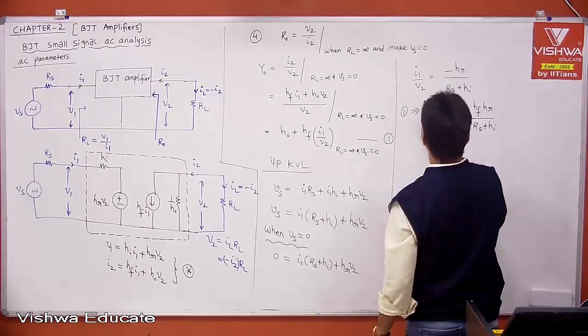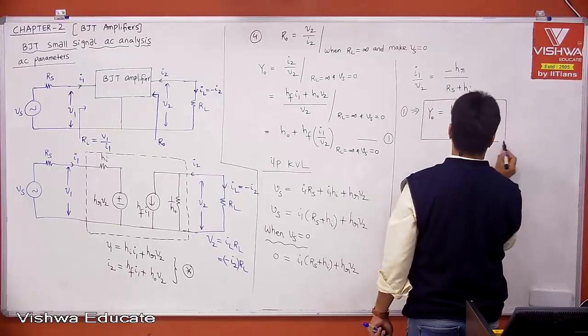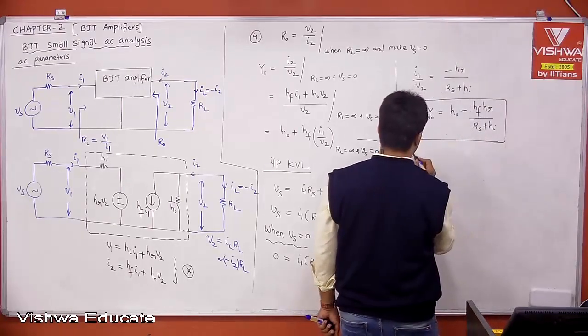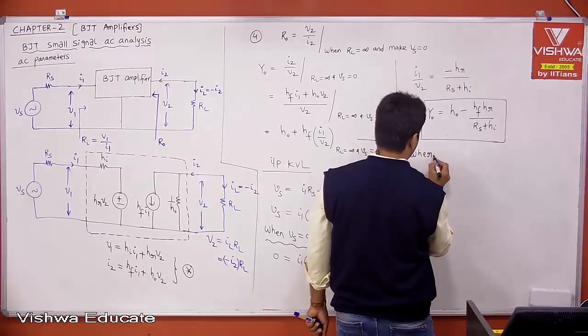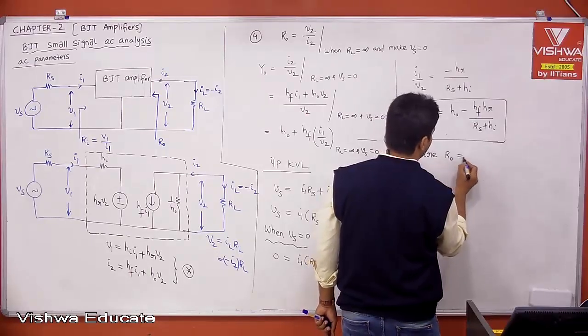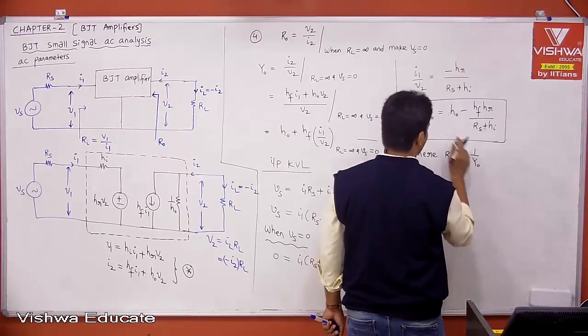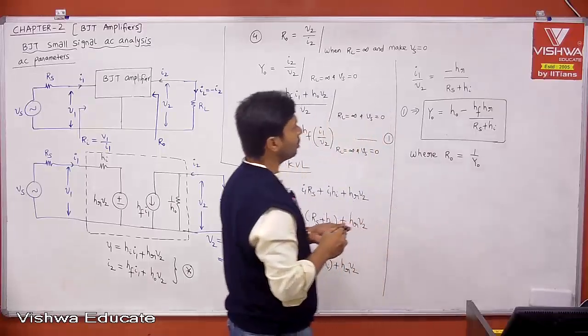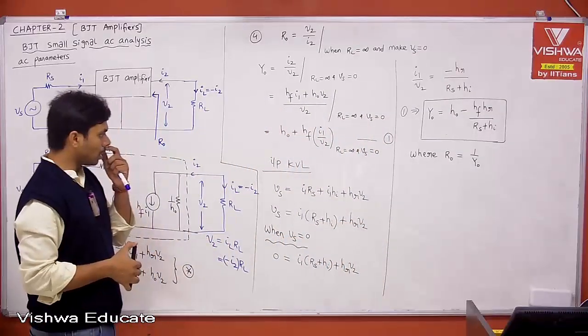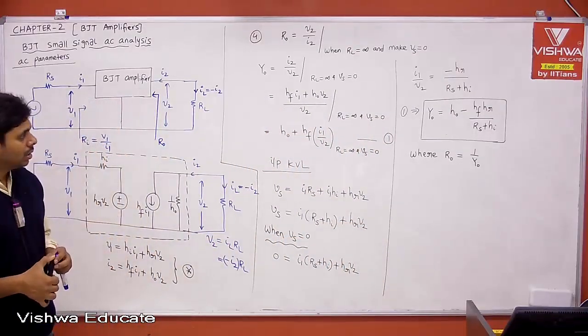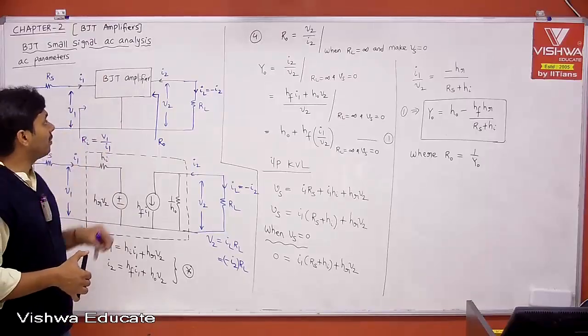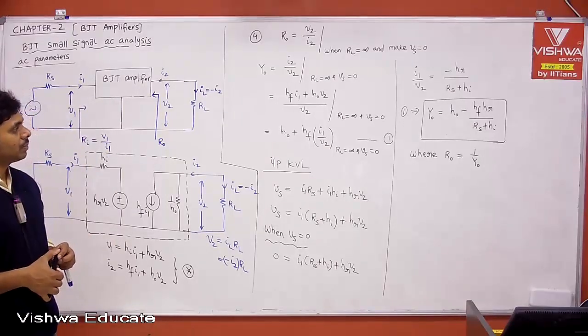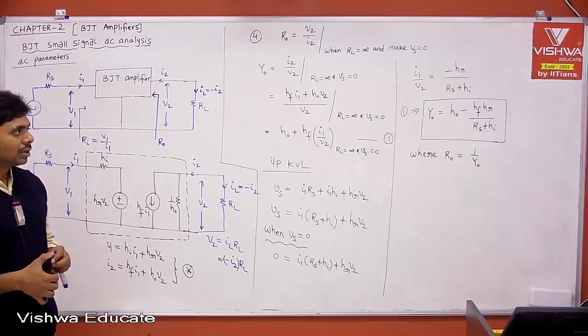This is your Y0, where R0 is nothing but 1 by Y0, reciprocal to your admittance, is nothing but your output impedance. Therefore, we got all 4 formulae related to your BJT core amplifier: input impedance, output impedance, voltage gain, current gain.